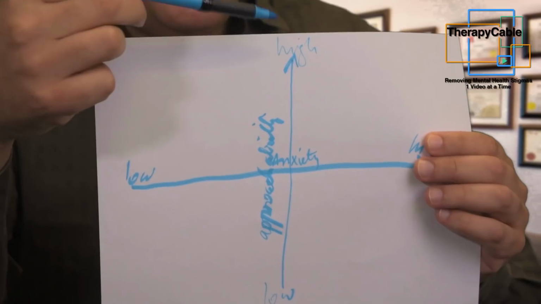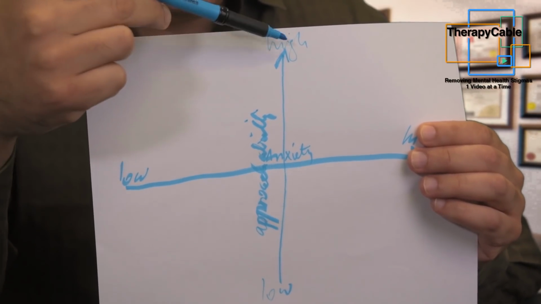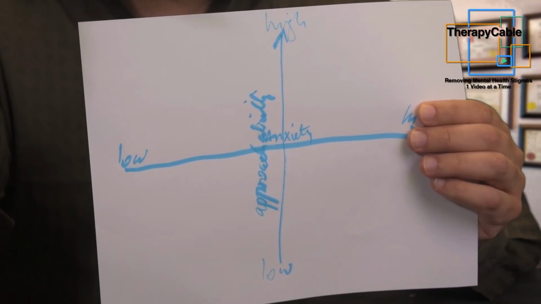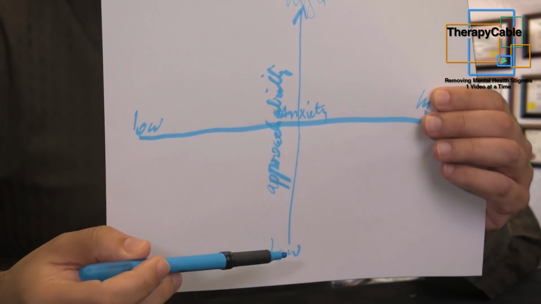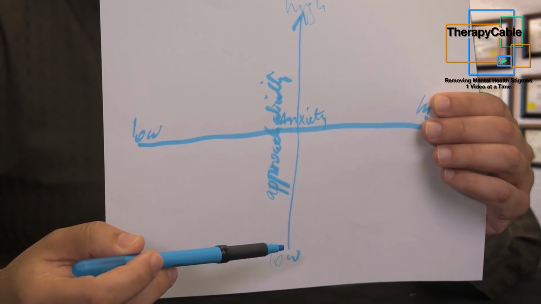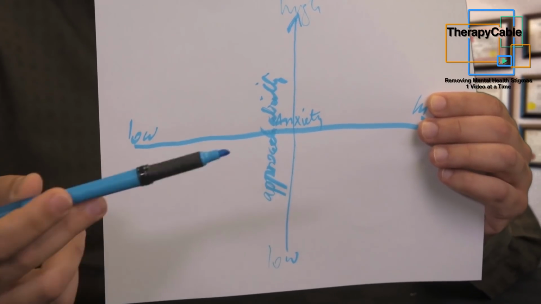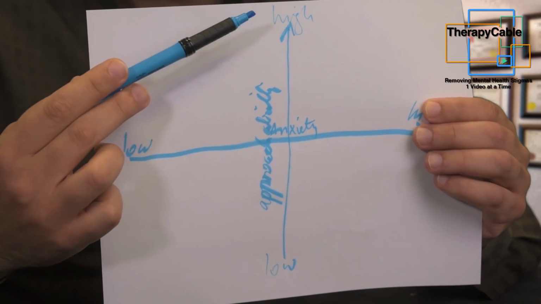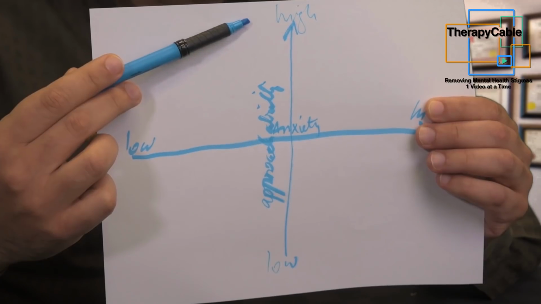By approachability, we mean, for instance, that high approachability means that the caregiver is approachable and emotionally available. But low approachability means that the caregiver is not approachable, not available emotionally. If you superimpose this on the other diagrams that show avoidance, that also makes sense, because with a caregiver that is highly approachable and emotionally available, the child doesn't avoid that caregiver.